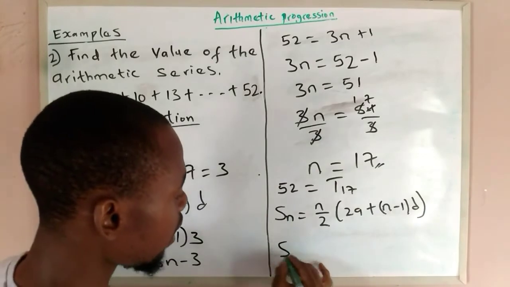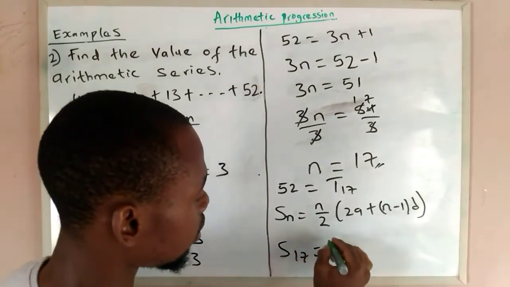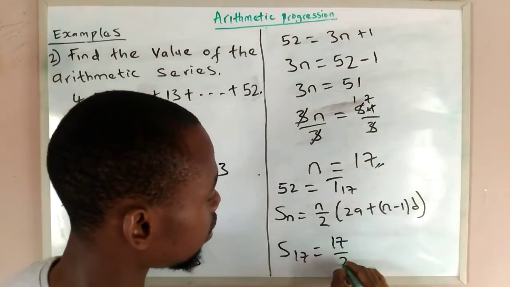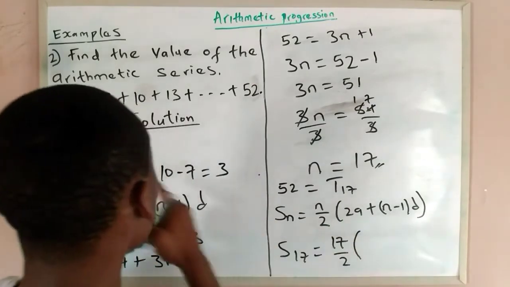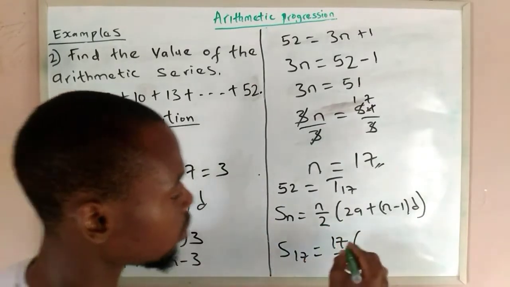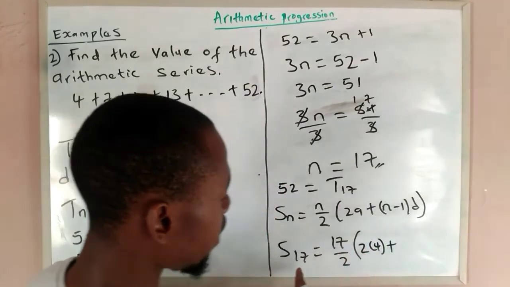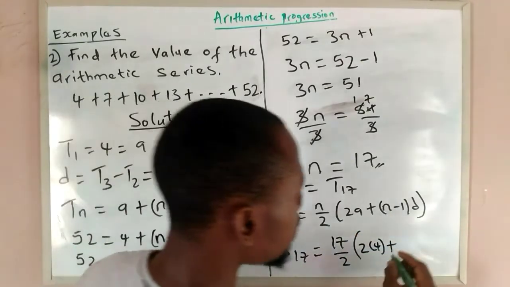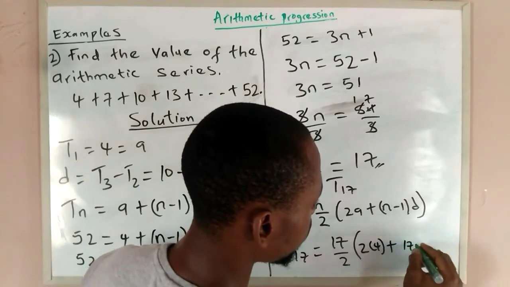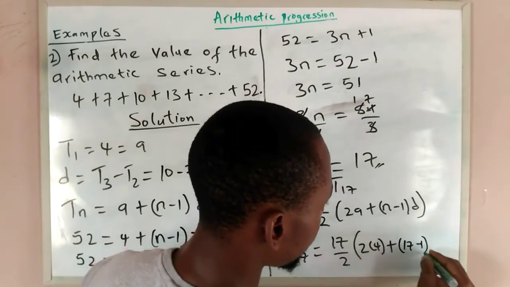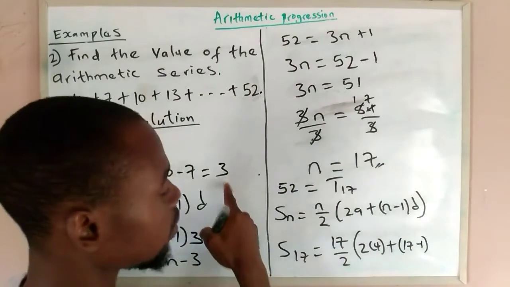So we have S17 is equal to 17 divided by 2 into bracket. Our a still remains our 4 here, so that will be 2 into bracket 4 plus our n now is 17, so we have 17 minus 1, and our d is 3.